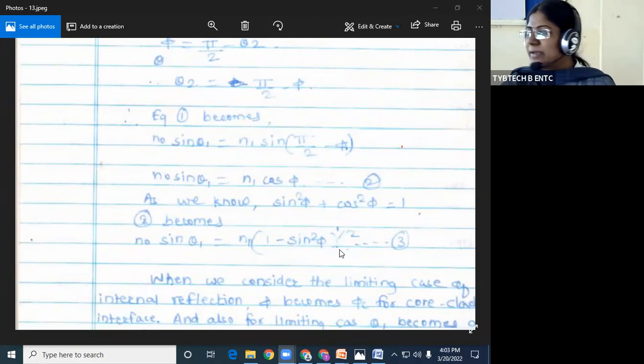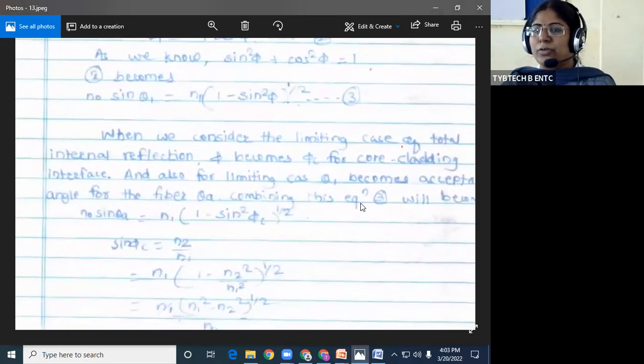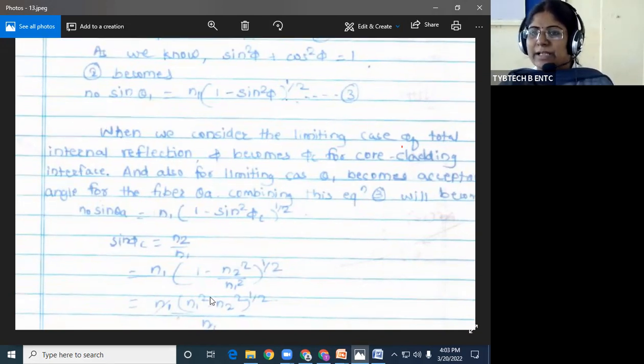sin square phi up to equation 3. Now next we have to consider the limiting case of total internal reflection. म्हणजे बाउंड्री केस जर आपण कन्सिडर केली टोटल इंटरनल रिफ्लेक्शन ची, तर बाउंड्री केस म्हणजे काय?